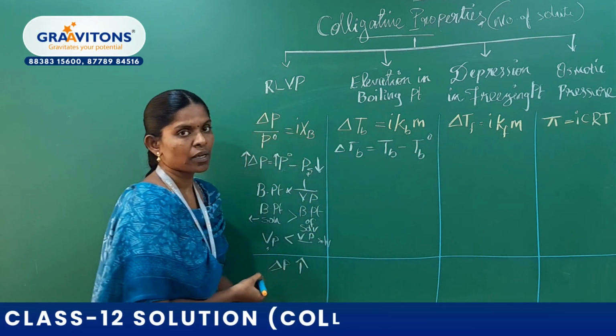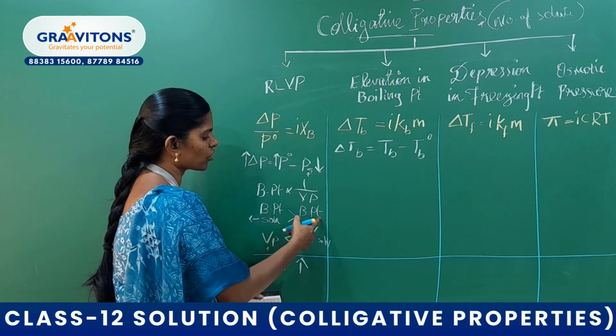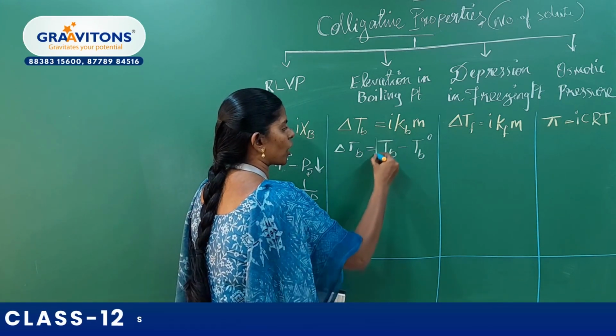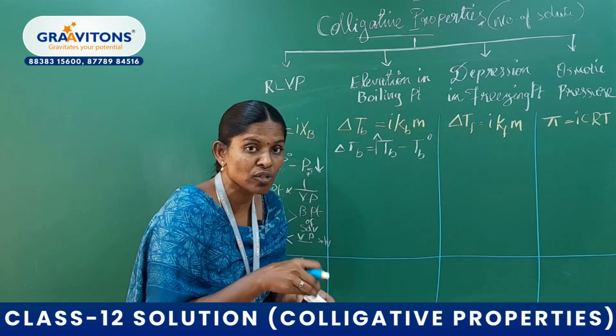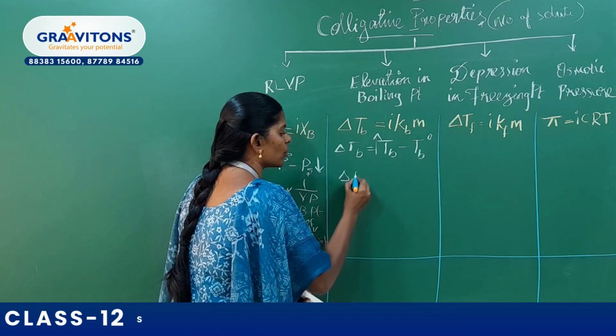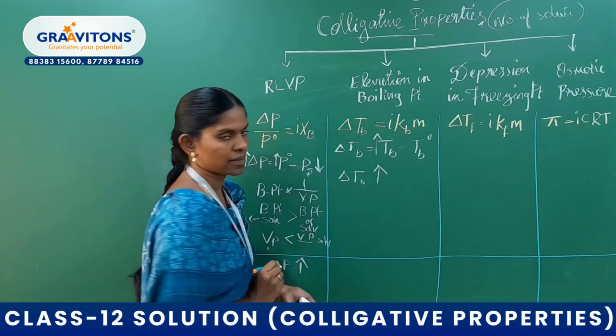The boiling point of solution is greater whereas that of solvent is lower, so when the number of solute particles in the solution increases, delta TB also increases.